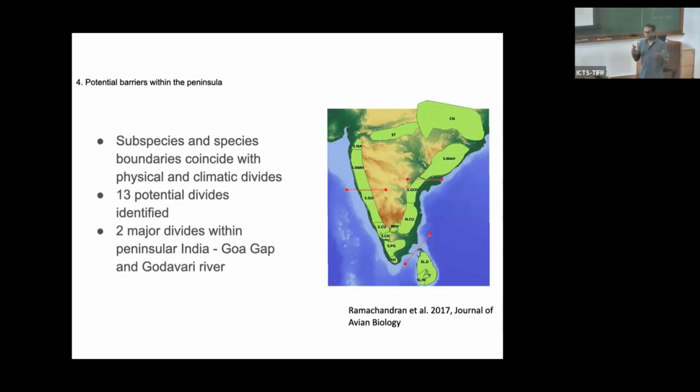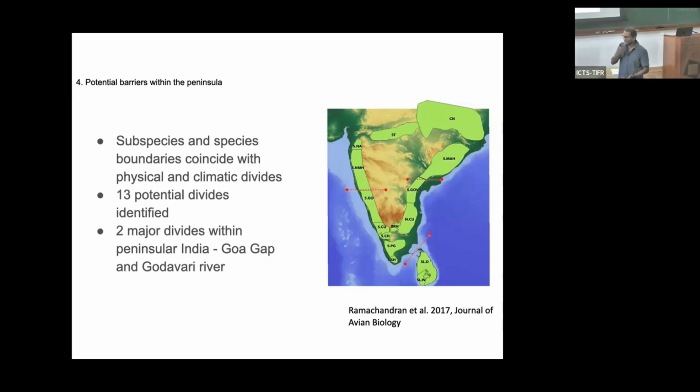It's a big oceanic barrier, and when the water recedes, the land bridge shows up, and that's when Rama crosses and all that stuff, right? And then Godavari is a really wide river.